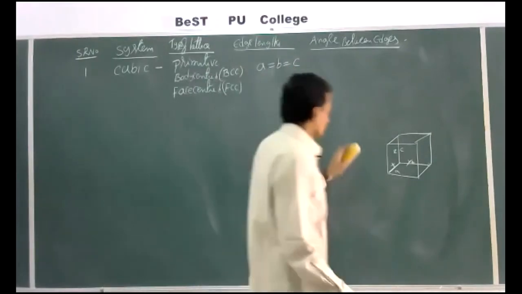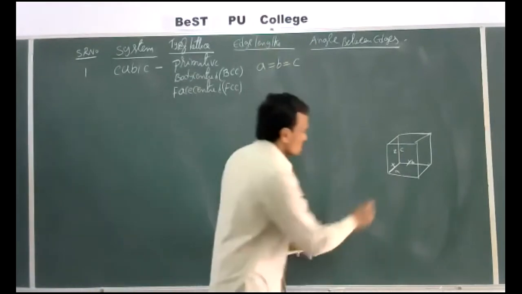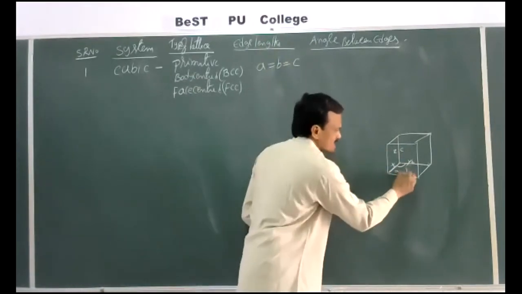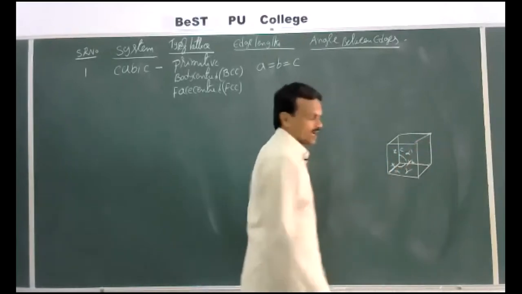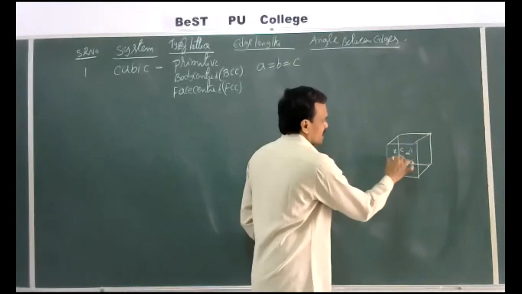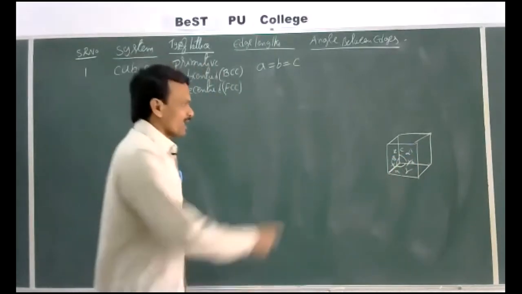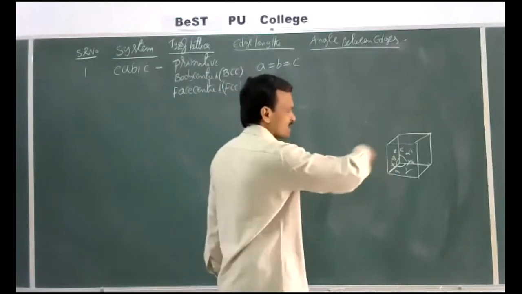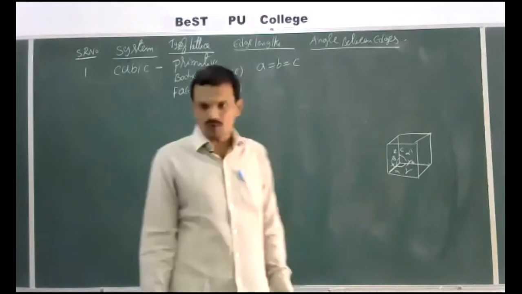Okay, right. Now, what about angle between the edges? See here, between A and B, the angle is gamma. Between B and C, the angle is alpha. Between C and A, the angle is beta. See here, along x-axis, y-axis, and z-axis, the angles are exactly 90 degrees. So all are equal.